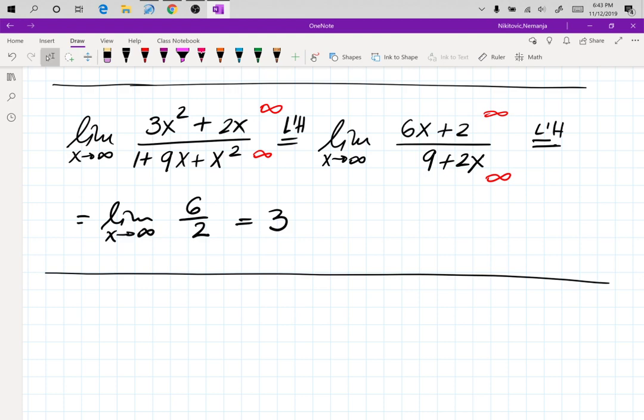Let's see. L'Hôpital. All right. So try this one on your own because you're already pros at this. e to the x minus 1 divided by 5x squared.